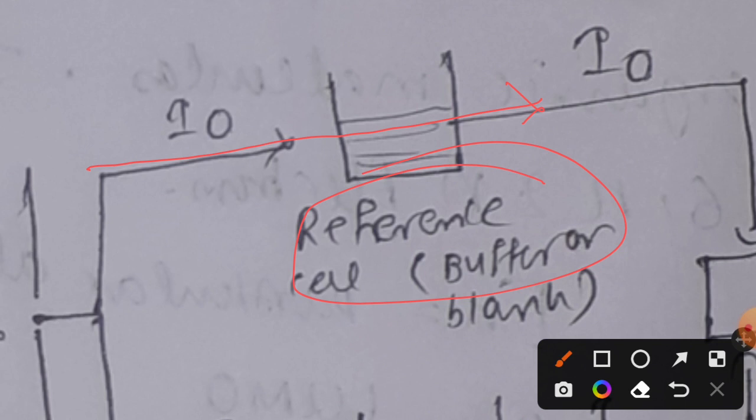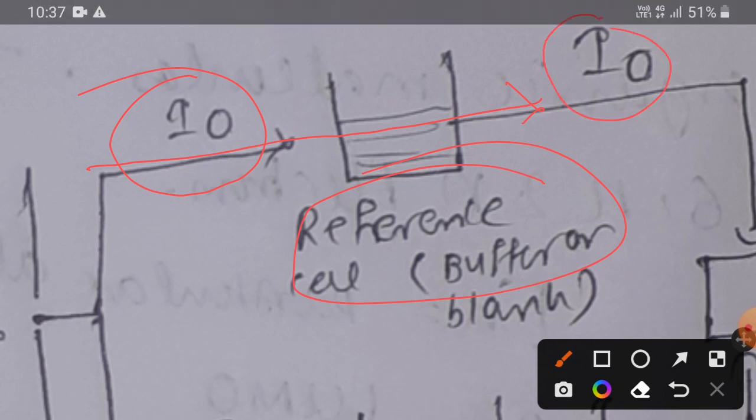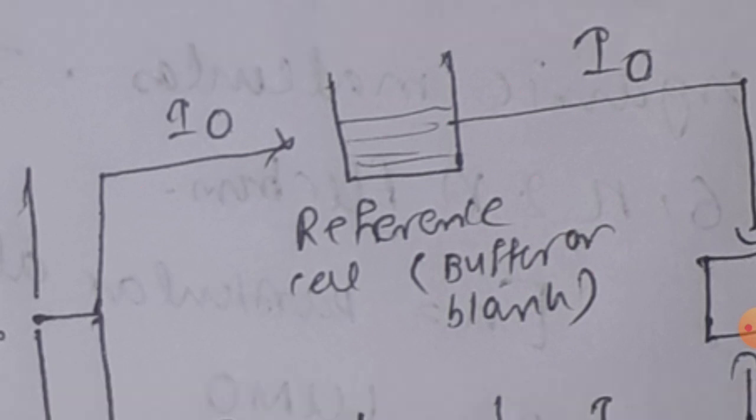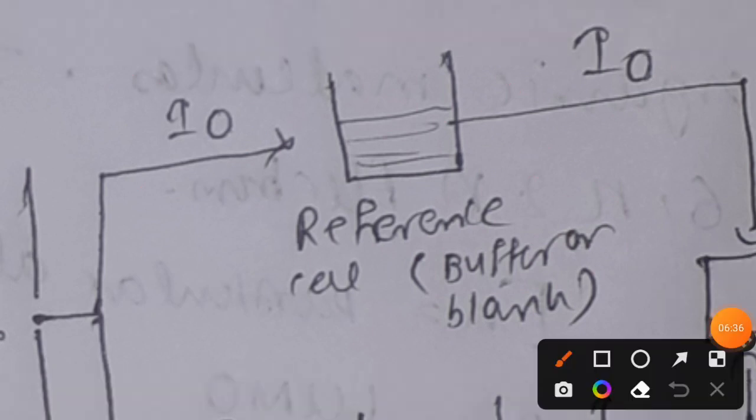So the intensity of the incident light means the light that is passing through the sample, and the intensity of the transmitted light, the remaining light. What is transmitted light? Transmitted light is nothing but the remaining light that is passing through the sample after some of it is absorbed, right?